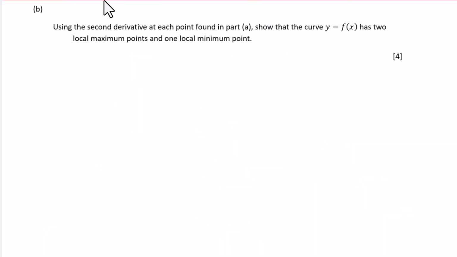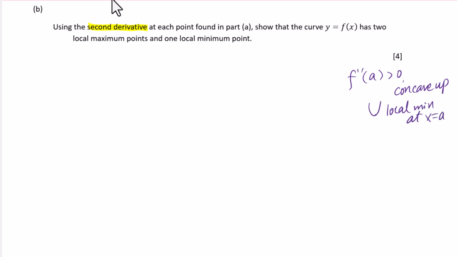B. Using the second derivative at each point found in part A, show that the curve y equals f of x has 2 local maximum points and 1 local minimum point. We need to use the second derivative. We do know f double prime of a greater than 0, concave up, we will get local minimum at x equals a.